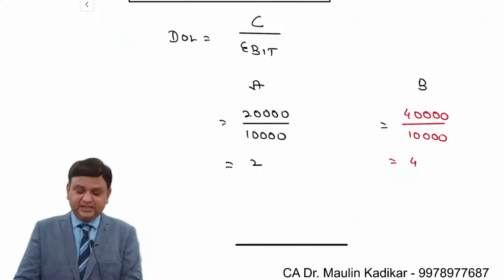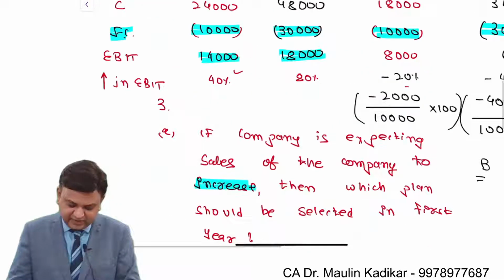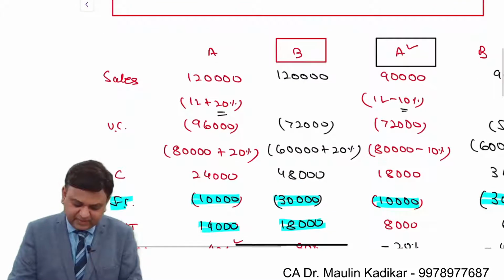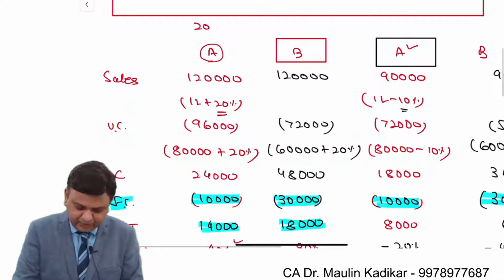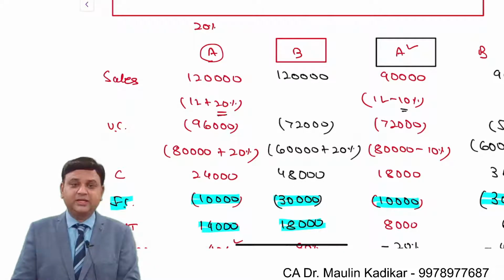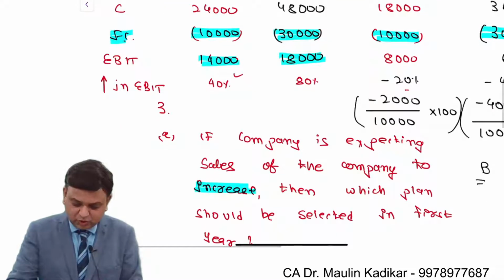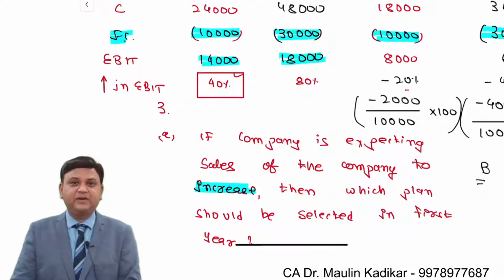So we understand that, listen carefully, when sales of company A increase by 20%, so 20% into 2, that comes to 40%. So here you can see that the operating income increases by 40%.